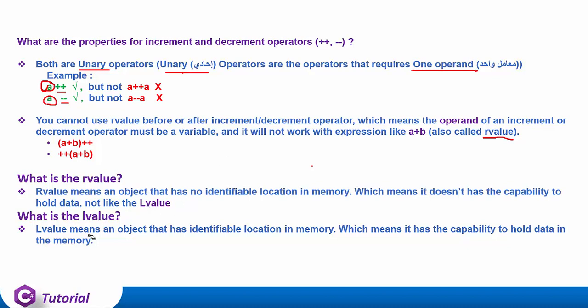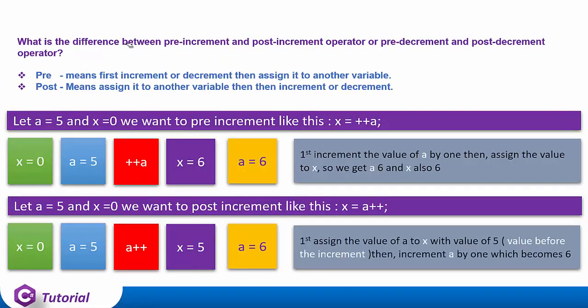The L value means the object that has an identifiable location, and then definitely it is capable of holding data. Okay, so what's the difference between the pre-increment and post-increment operator, or the pre-decrement and post-decrement operator?